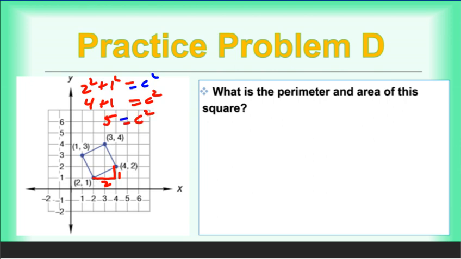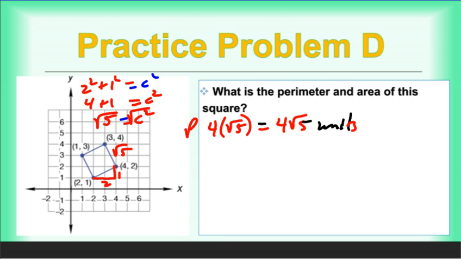Find the square root of both sides. So this would be square root of 5. For the perimeter, I have 4 groups of the square root of 5, which would give us 4 square root of 5 units. And to find the area, we would have square root of 5 times square root of 5 gives us 5 square units.